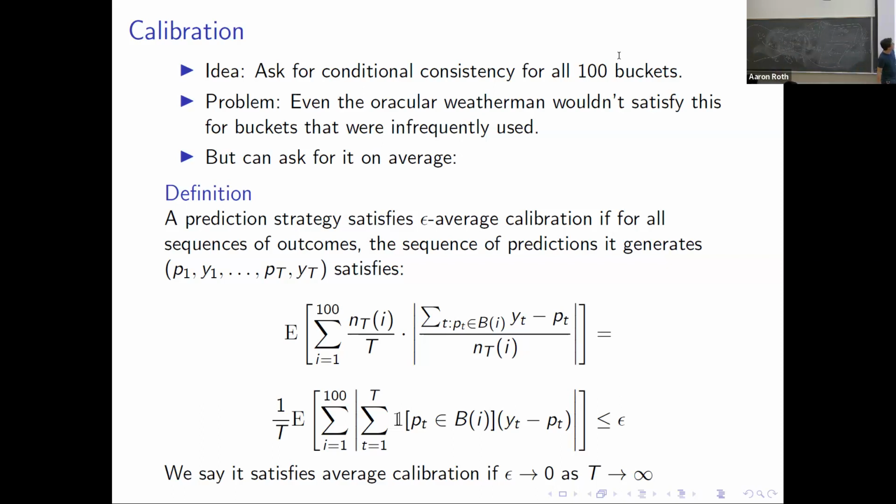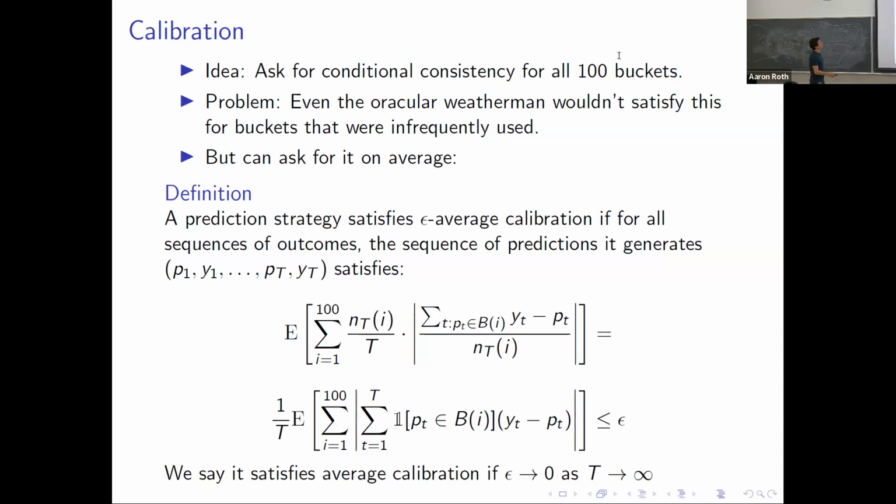It's just the expected value summed over all 100 of the buckets and summed over all t of the days of the indicator for whether our prediction at day t was in bucket i. Every day we make a single prediction, and the error on this day accrues to the bucket in which our prediction lives. And what are we summing up? Just the difference between the outcome and our prediction. So this is the same as average calibration error, and we just want this to be small.